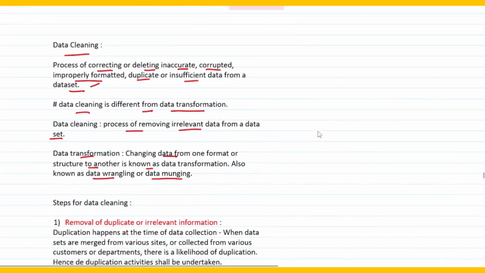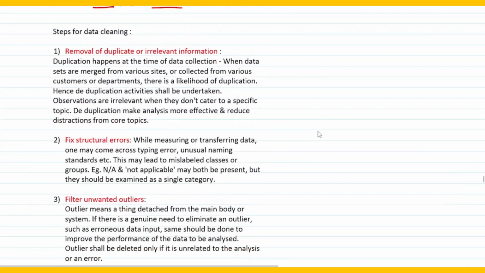Now let's move on with the steps for data cleaning, right? So let's start with the first step. The first step talks about removal of duplicate or irrelevant information. Fine, this is what we have read in the definition of data cleaning also. You basically remove anything in which there is duplicacy or information which is not required or which is irrelevant, right? Now duplication happens at the time of data collection. Whenever you collect the data, there is a very high likelihood that duplication may happen.